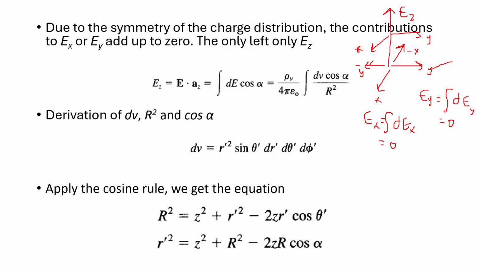We just focus on the electric field along the z axis. EZ equals E cos theta. So we have the integral of dE cos alpha equal to rho, the volume charge density, over 4 pi epsilon 0, the permittivity of free space, times the integral of dV cos alpha over r squared. dV is the volume element of the sphere, which we recall is r prime squared sine theta prime dr prime d theta prime d psi prime.